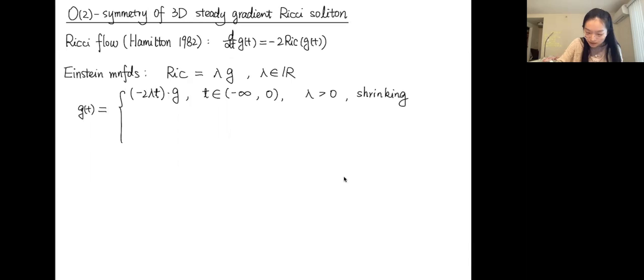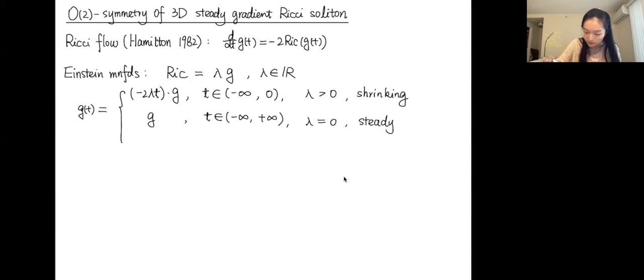And when lambda is equal to 0, I'll define the metric just to be the static metric, and t is for all negative and positive times. Okay, and then this is also a Ricci flow, and we'll call it a steady flow.